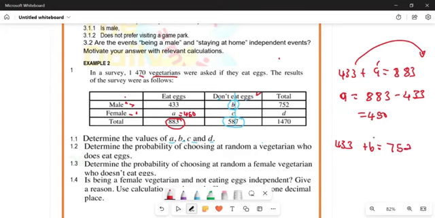You want P? How do you get P? You take this one to the other side. P is going to be 752 minus 433. And then what did you get? It's 319. So P is going to be 319.